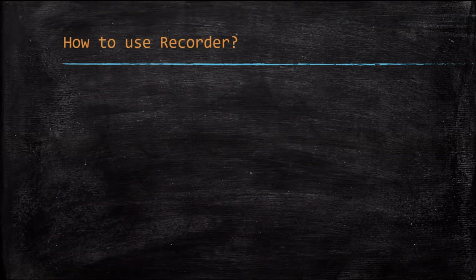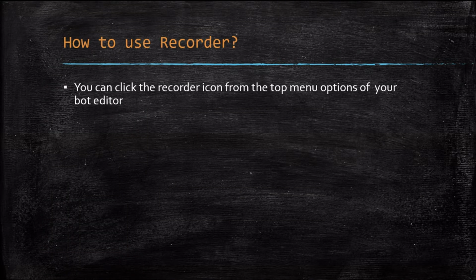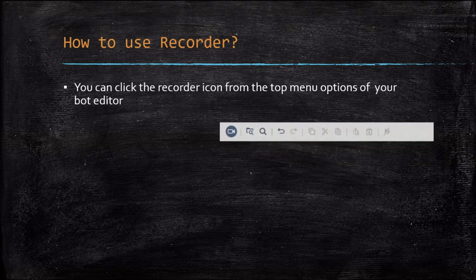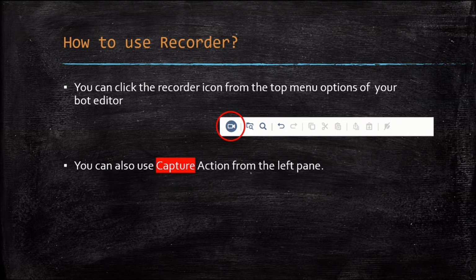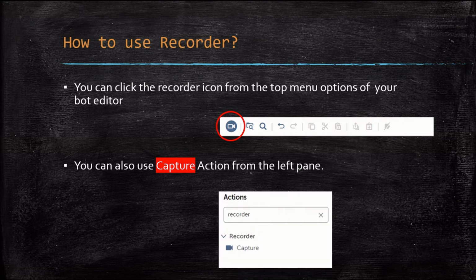How to use recorder now? You can click the recorder icon from the top menu option of your bot editor. You have this icon, you can click on that. You will get a window, and from there you can choose to record the screen. You can also use the Capture action from the left pane.